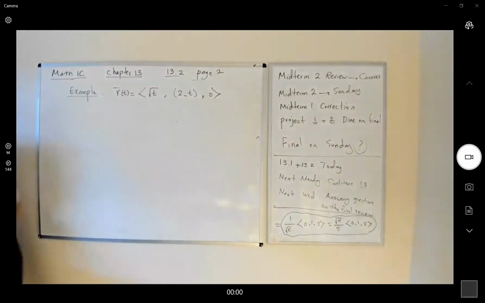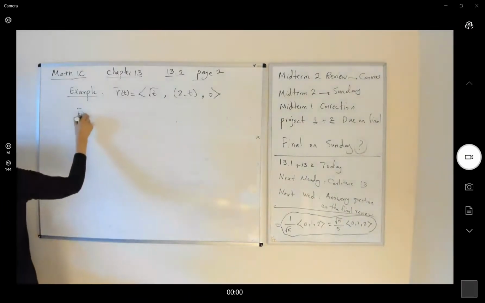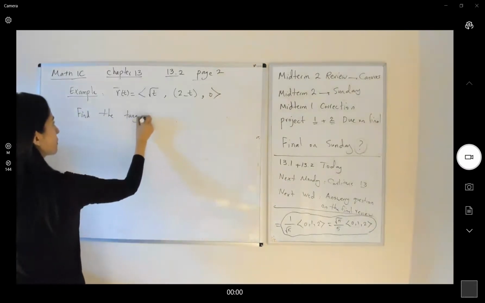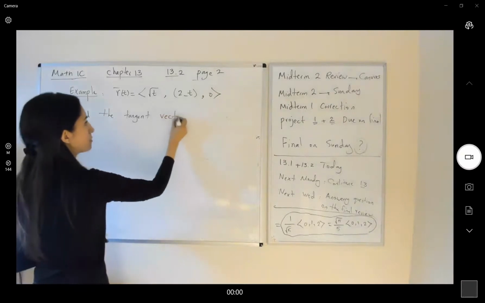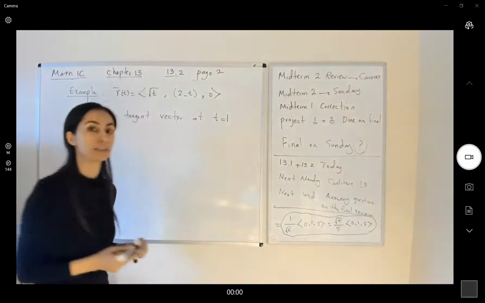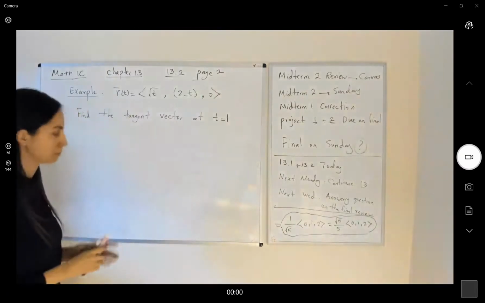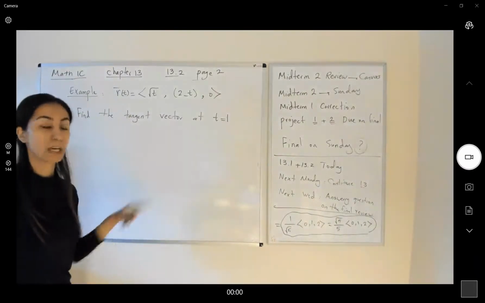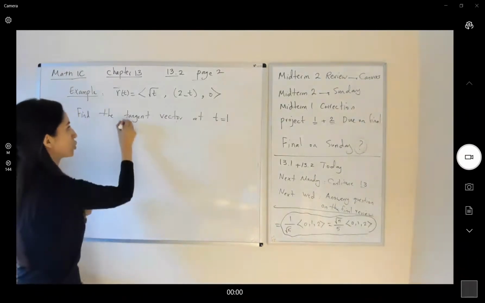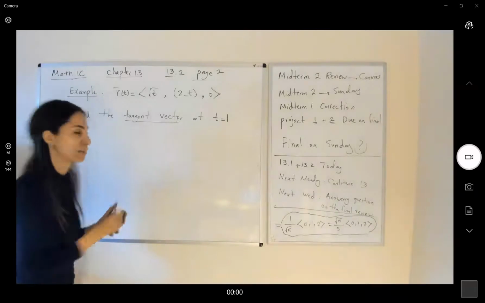It says find the tangent vector at t equals 1. Okay, guys, it doesn't say unit tangent vector. It just says the tangent vector.